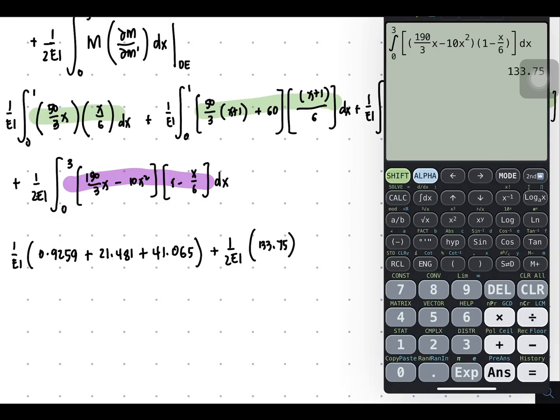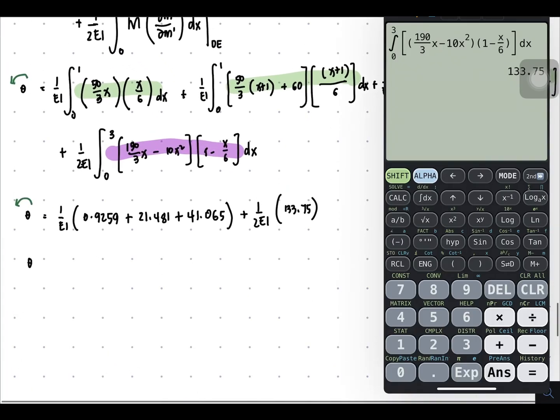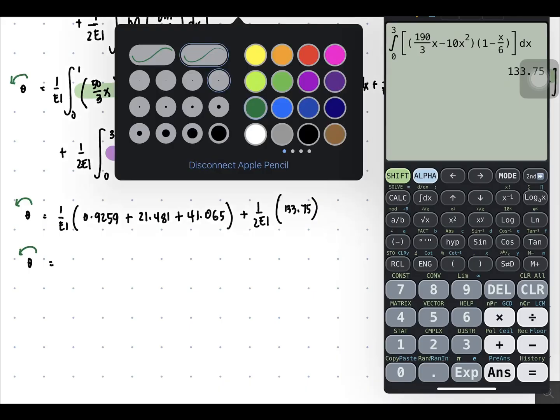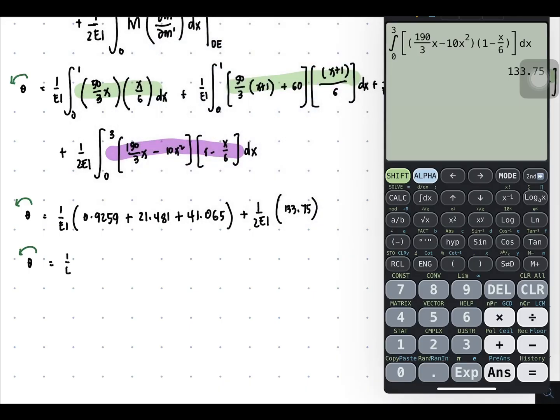It's 133.75. So the slope in the direction nga counter clockwise is equal to 1 over EI.